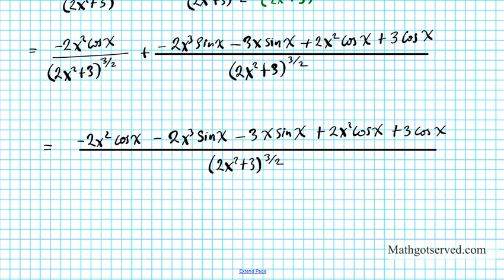Okay? Now if you notice, this 2x squared cosine x and this 2x squared cosine x are opposites, so they cancel each other out. So we're going to be left with the final answer.